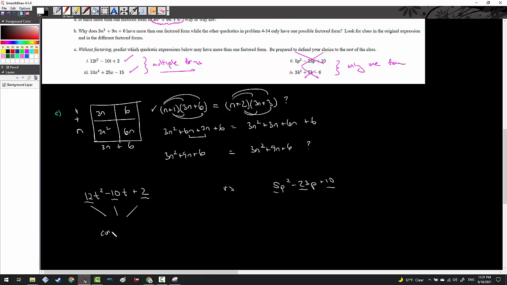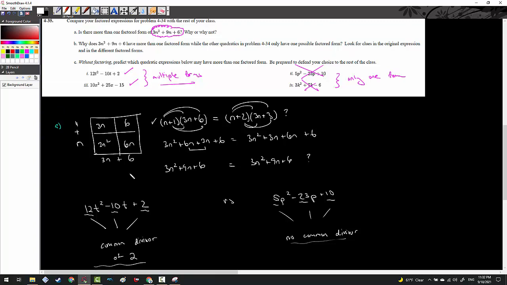These have a common divisor of 2. This one, there is no common divisor. So that means that there's only one arrangement of this, but there's multiple arrangements here, because if they're all getting multiplied by 2, there are a few different ways we can scale factor this quadratic up or down or rearrange the terms.